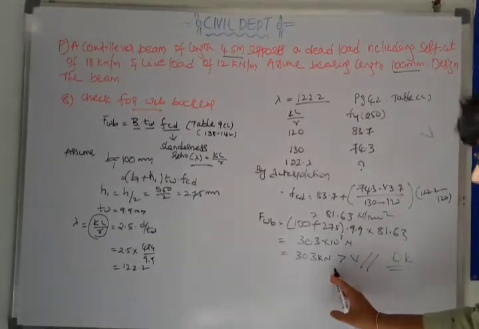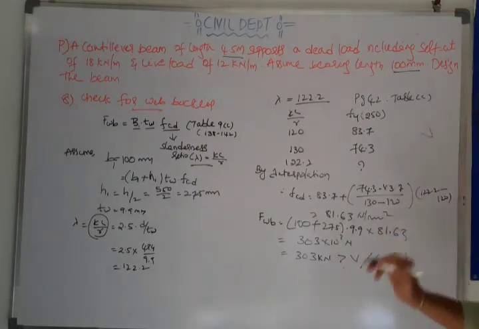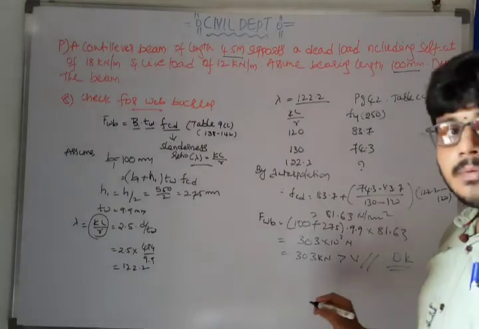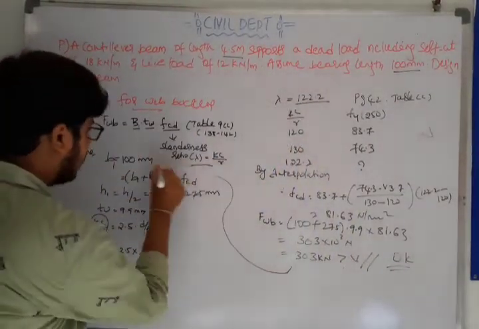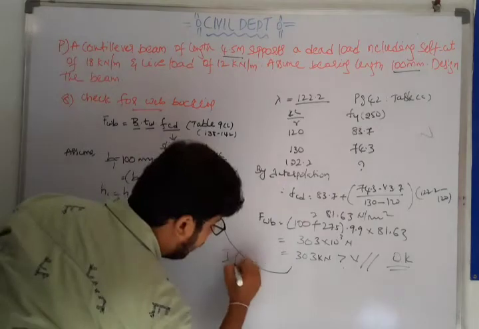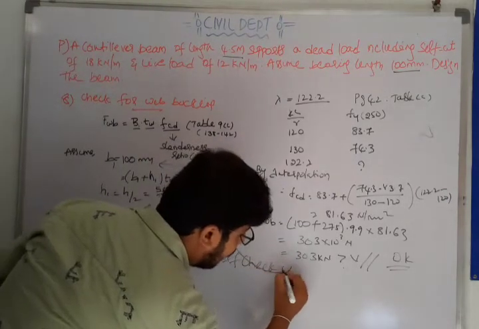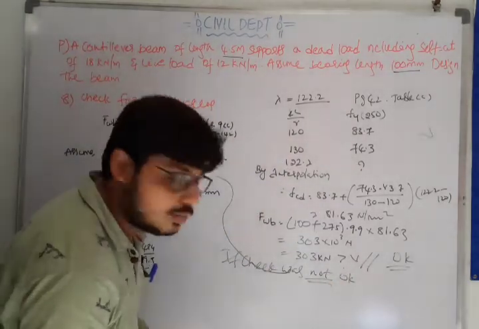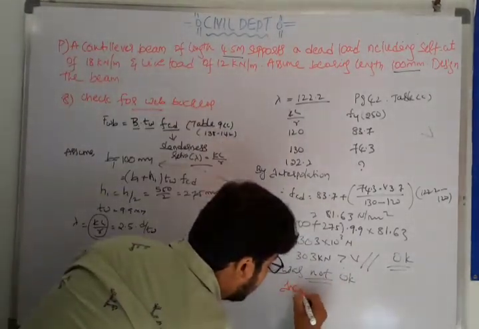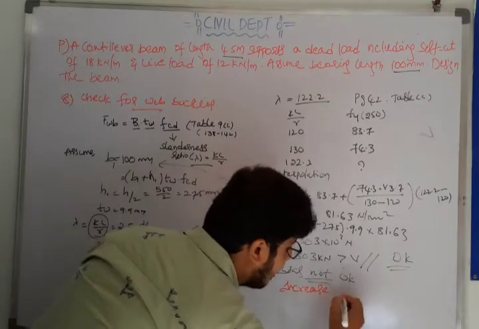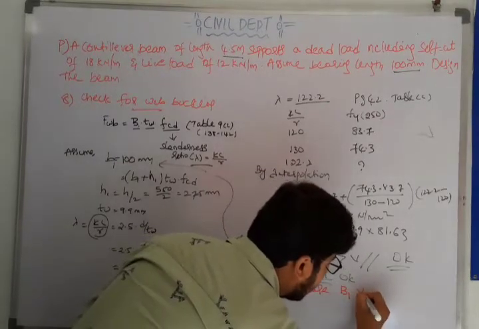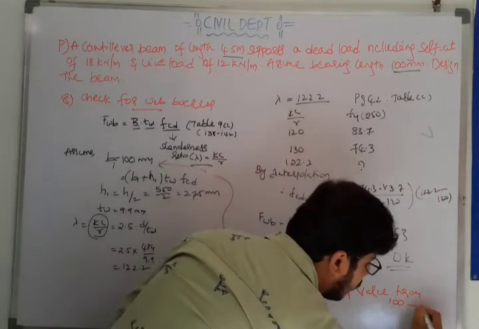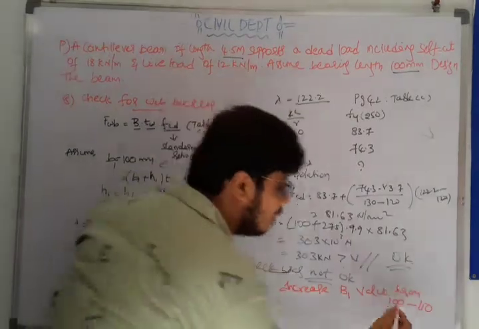In case the check for web buckling is unsatisfied, here we should change the value. If the check is not okay, increase the B1 value from 100 to 110, or increase the value of B1.